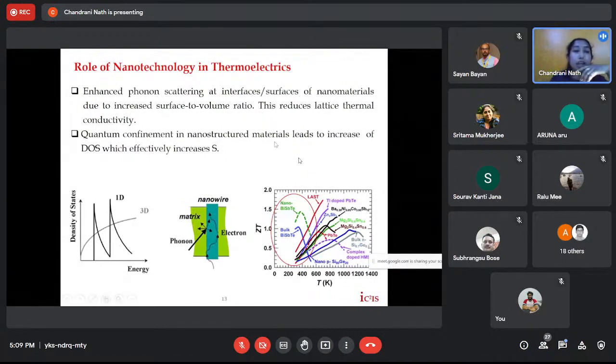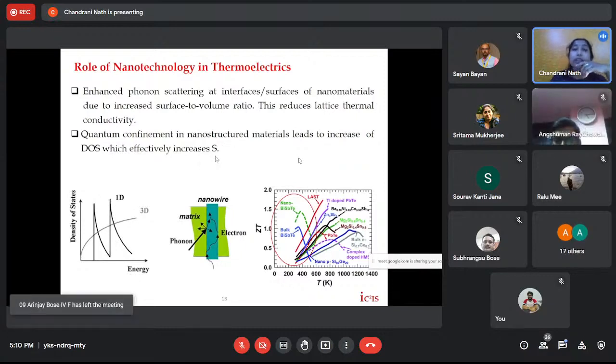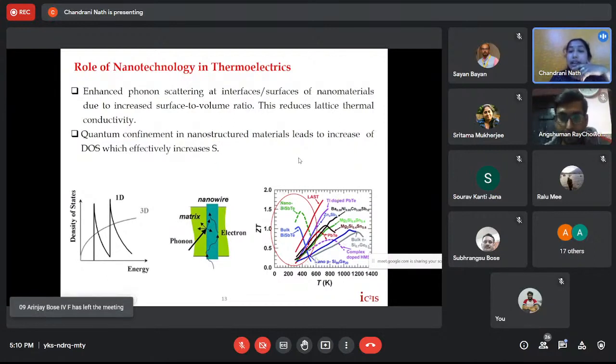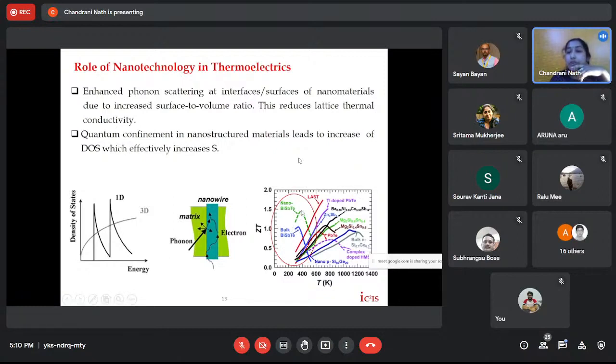On the other hand, as we go from 3D to 1D or 2D, below bulk to nano dimensions, it will effectively change the shape of the density of states, increasing the slope, which will effectively increase the Seebeck coefficient. Here in this curve, we can see how nanostructuring has increased ZT considerably from 1 to close to 1.4 for bismuth antimony telluride.